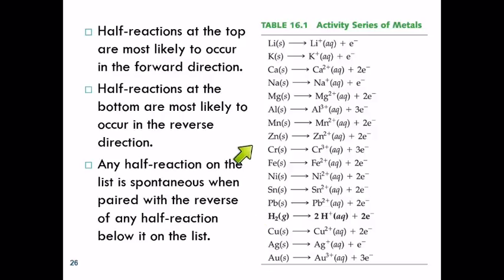So here's nickel. So nickel ion going to nickel, that's a backwards reaction. What was the other metal? Zinc, thank you. And here's zinc. So zinc going to zinc ion, that's the forward direction. So we're looking at the metal, and if the metal is above the ion, nickel.